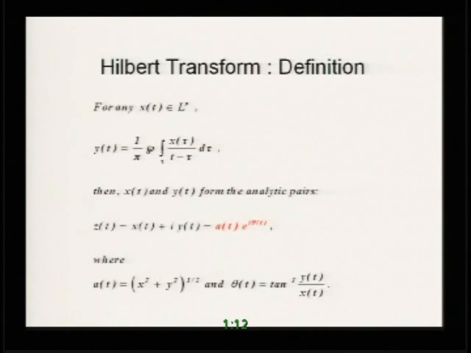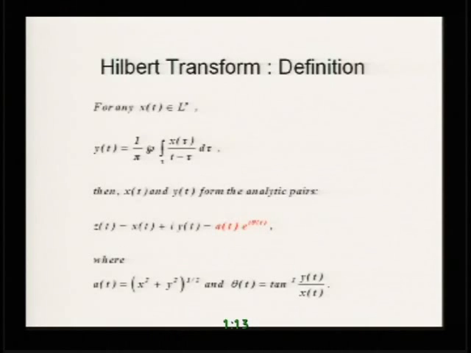It's very nice. If I can find this y, then x and y form an analytic pair, and I can write it in complex form. So x and y make a complex number, and I can write it as a e^{iθ(t)} in polar coordinates. A complex number has two ways to represent it: real and imaginary, or polar coordinates.